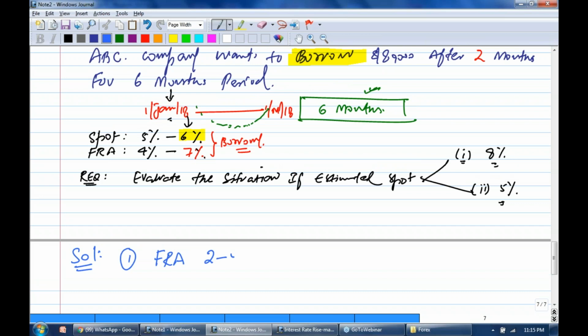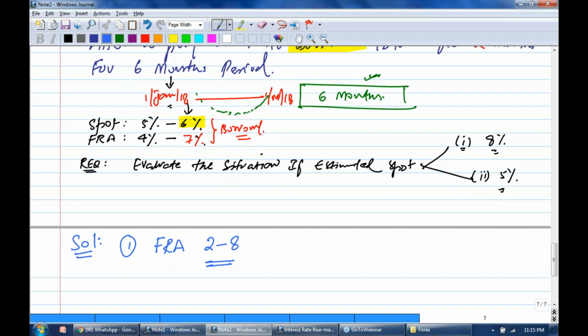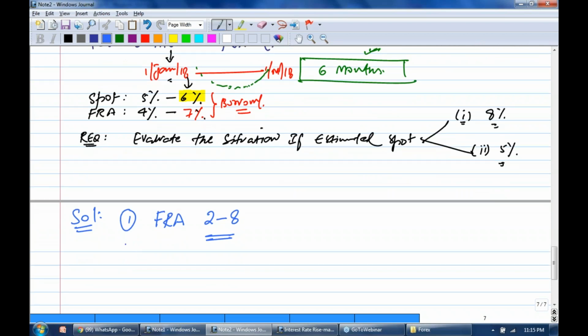So that is 2-8. If 3 months after 9 months loan, 3-12. 5 months after 4 months loan, 5-9. So it's a banking term. So we can say that the FRA is 2-8.